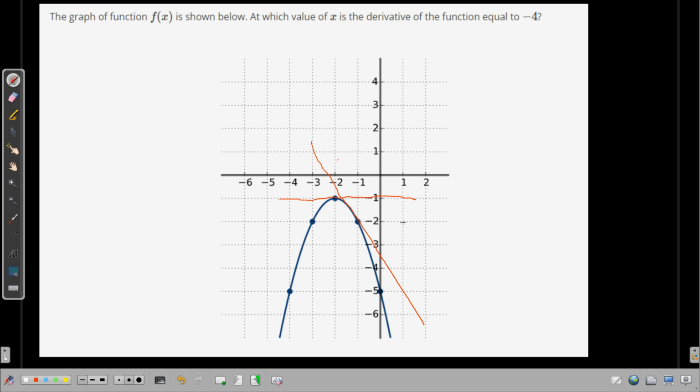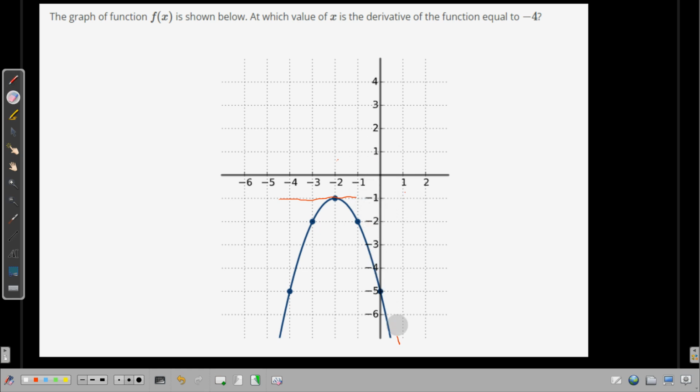Okay, and it looks to me like the slope at minus 1 is negative 3/2, just using rise over run. So I'm thinking that the slope at 0 is negative 4, and you can see that.